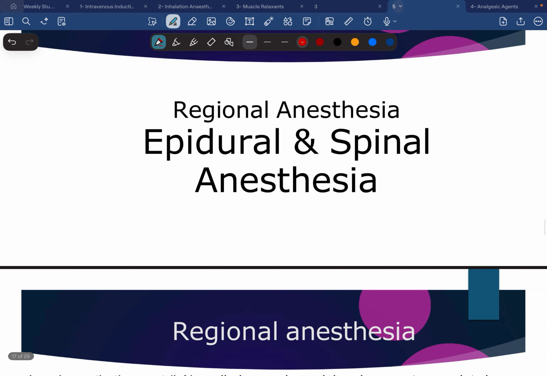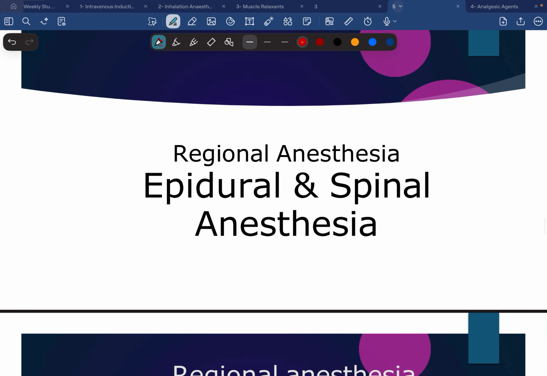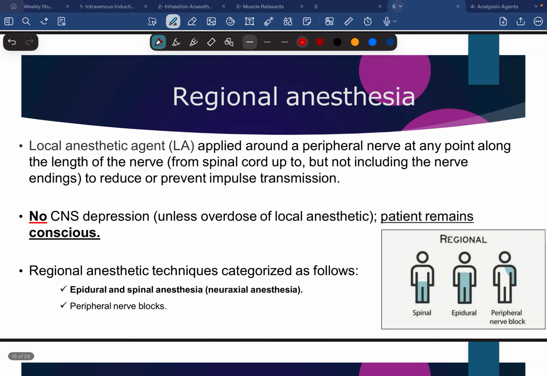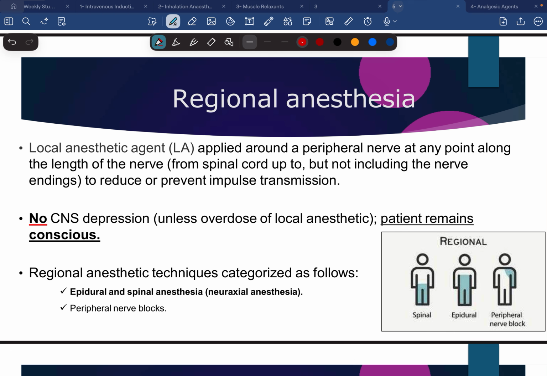The second part is our spinals and epidurals. Okay, we still use local anesthetic, but it's called neuraxial because we inject it around the spine or the central nervous system.